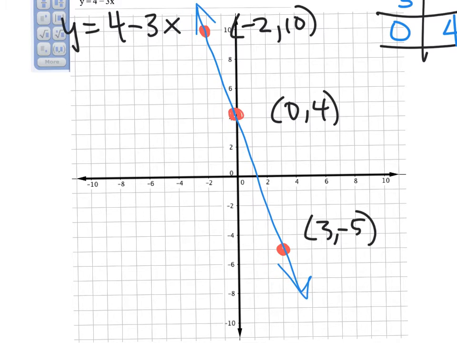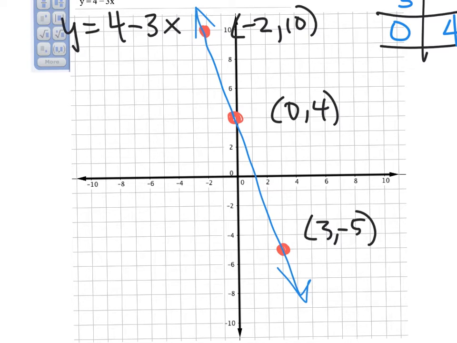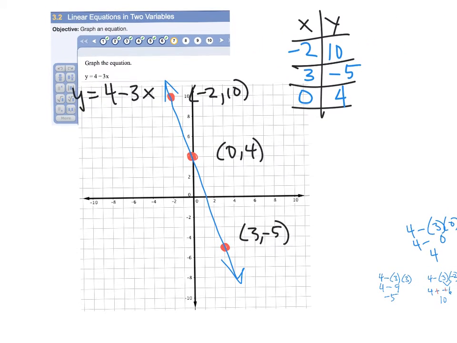Oops, yikes. 0, -4. Oops, I want 0, 4. All right. And so that is our graph. So what we have is -2, 10, 0, 4, 3, -5, and I'll zoom out, and there is what our line should look like.